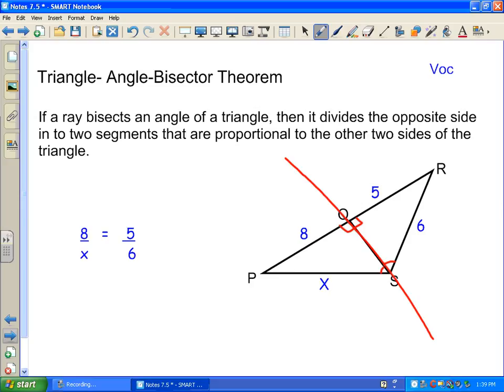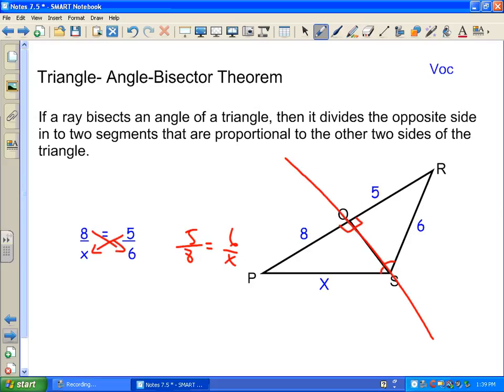And you can compare the two, 5 over 6 and 8 over x. You can compare them on the same picture. Or you could say 5 over 8 equals 6 over x. That's another possibility: 5 over 8 equals 6 over x. Because if you look at these two, don't they have the same diagonals?